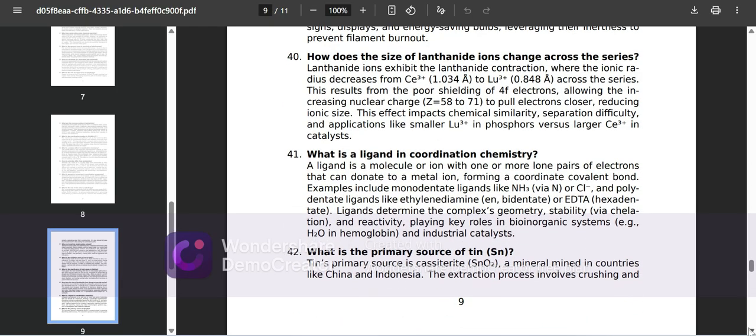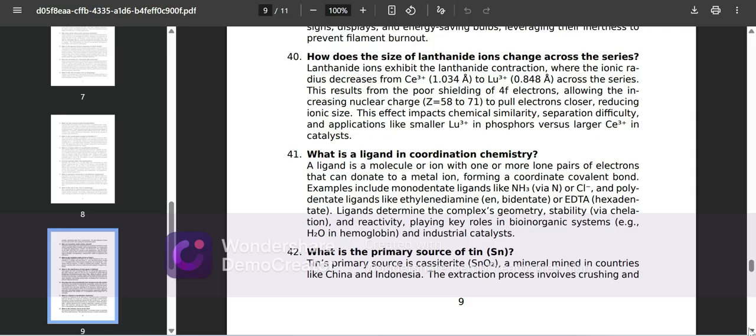How does the size of a lanthanide ion change across the series? Lanthanide ions exhibit the lanthanide contraction, where the ionic radius decreases from Ce3 plus, 1.034 angstrom, to Lu3 plus, 0.848 angstrom, across the series.